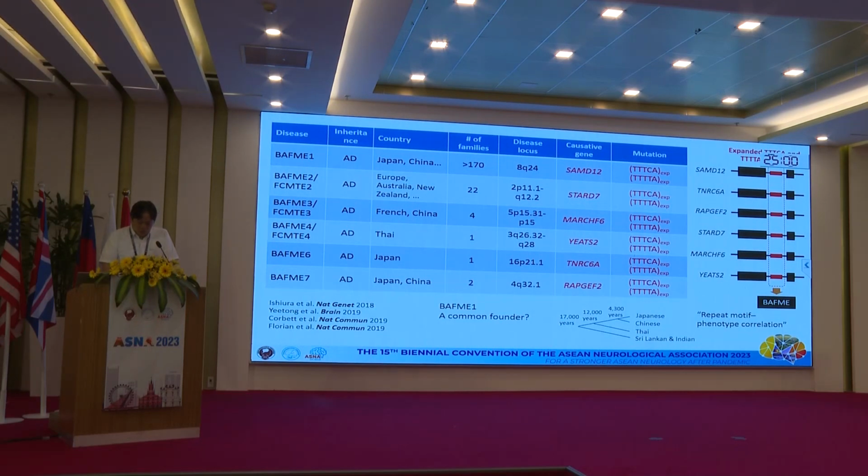The researchers estimated that there may be a common founder about 17,000 years ago. So I think you can see Bachman type 1 in Asia.